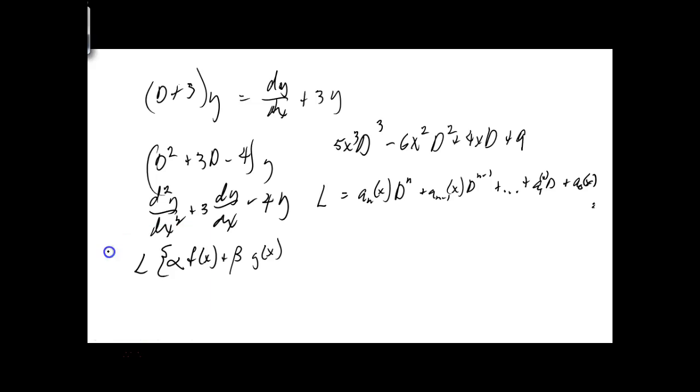Got carried away with my parentheses and closed that off. Now why they didn't put brackets there, I don't know. That this is alpha L of f of x plus beta L of g of x. Okay?